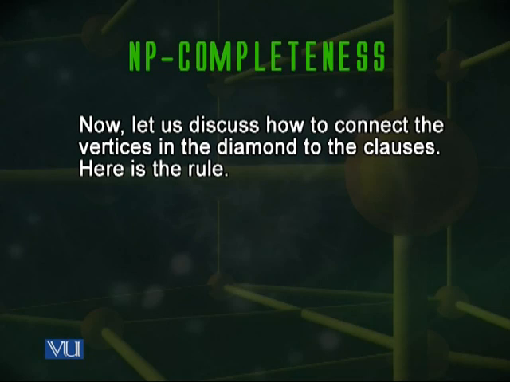To connect the vertices in a diamond-shaped structure and the clause vertices, here is the rule. Suppose the variable xi appears in the clause Cj. So we look at a variable xi, and let's say it appears in the clause Cj. To take a concrete example, you can think of vertex x1, and let's say it appears in the third clause C3. Then what will we do?